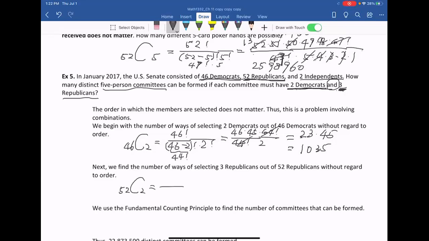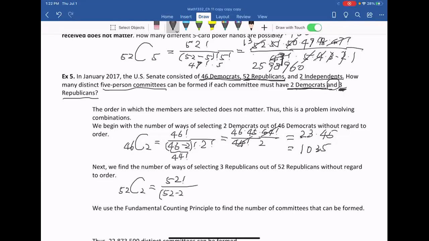Okay. Next part is choose 3 from 52. I skip some steps to make it easy, but we better not skip the steps.